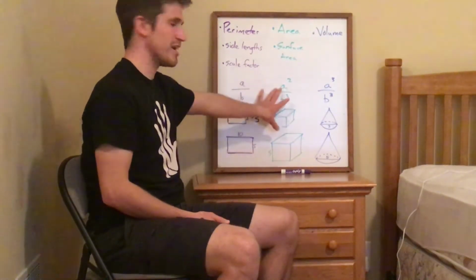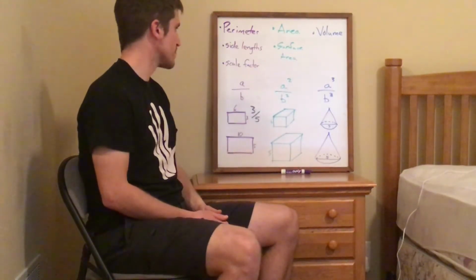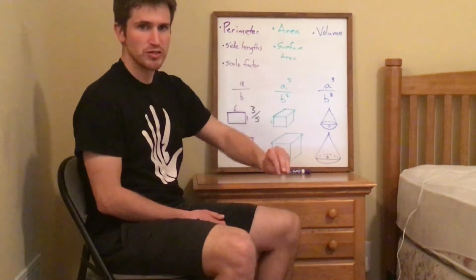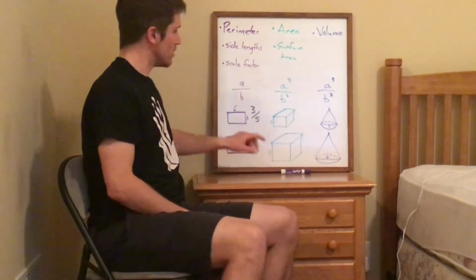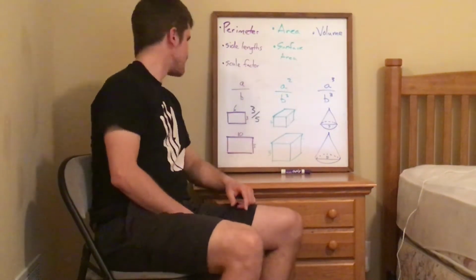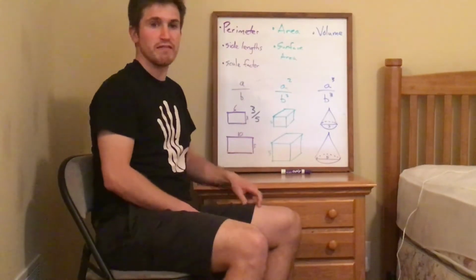When we talk about area and surface area, it's not quite as simple. The ratio that we'll mention is A squared to B squared. Here's what I mean. You have two similar prisms here. This has a length of 3. This one has a length of 5.